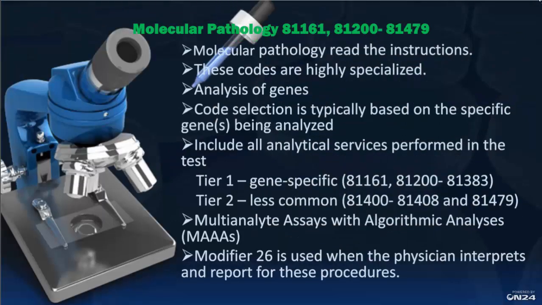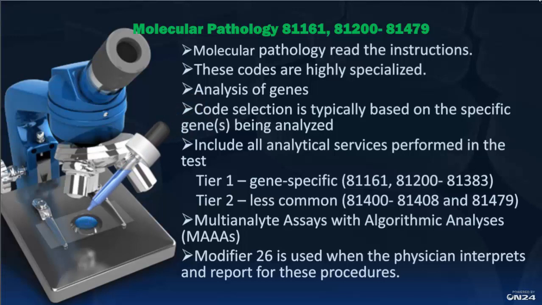Molecular pathology codes. The codes in this section are basically used to examine nucleic acids to determine changes in genes that may indicate a germline. An example of that would be an inherited constitutional chromosome abnormality or somatic conditions such as a neoplasm.